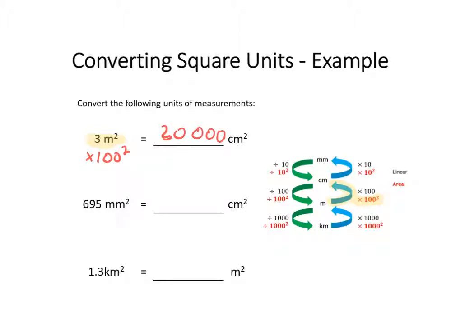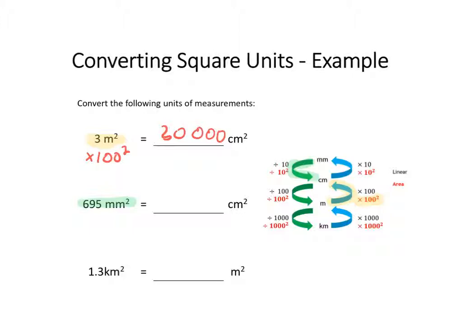In the next example, we want to go from 695 millimeters squared into centimeters squared. So when we go from millimeters squared to centimeters squared, we want to divide by 10 squared.